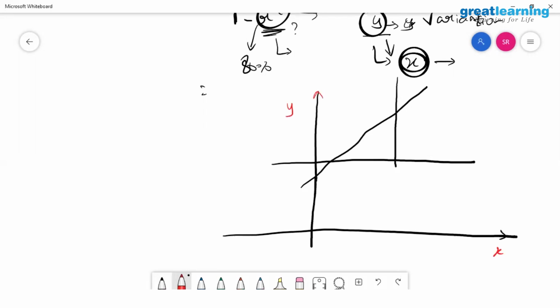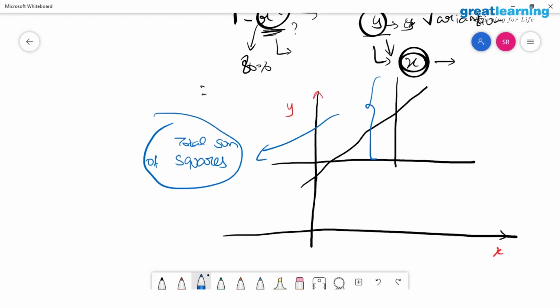This I call the Y axis. This is called the total sum of squares. In the total sum of squares, how much is my regression able to explain? Up to this it comes. We call it the regression sum of squares. And how much is my unexplained variance?